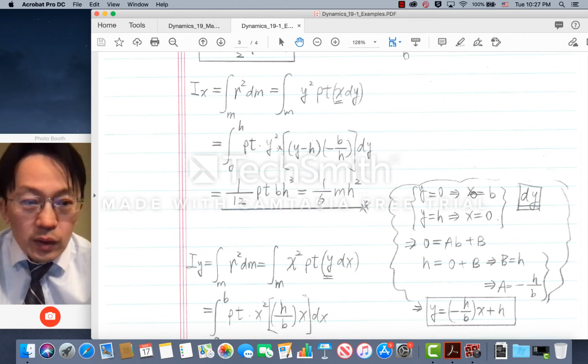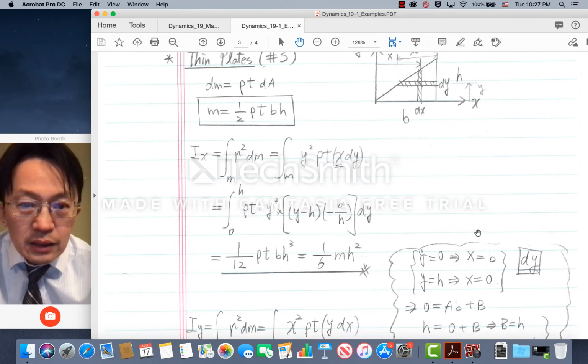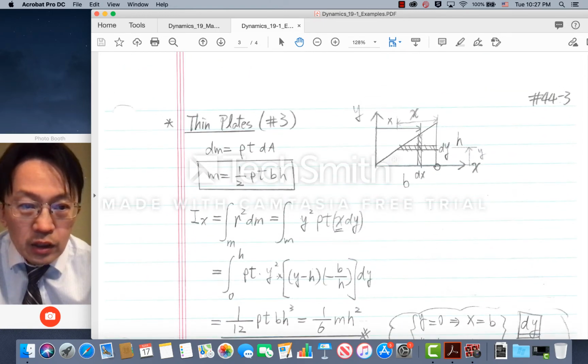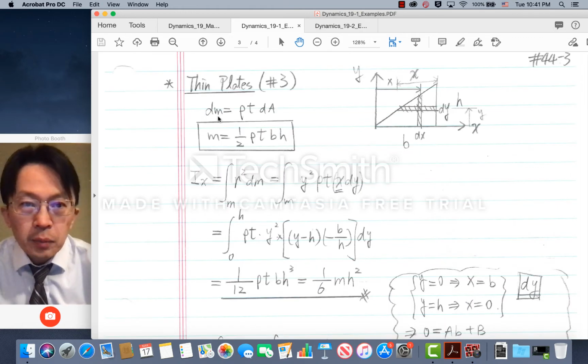Now, with these two boundary conditions, we can find out the expression of y in terms of x, which is written right here. But let's keep in mind that this x is the x measured from this point to this point. To better explain this part, let me use a different figure to show you.